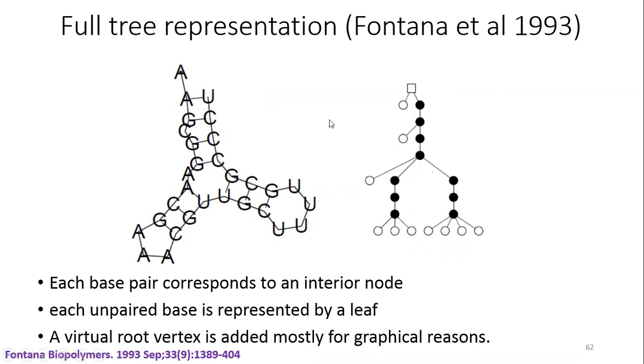As you can see, this A is present as a leaf over here, and base pairing is represented as an interior node. Usually a virtual root vertex is added just to make it look like a tree, because trees usually have a root. So this is one of the ways of representing your RNA structure.